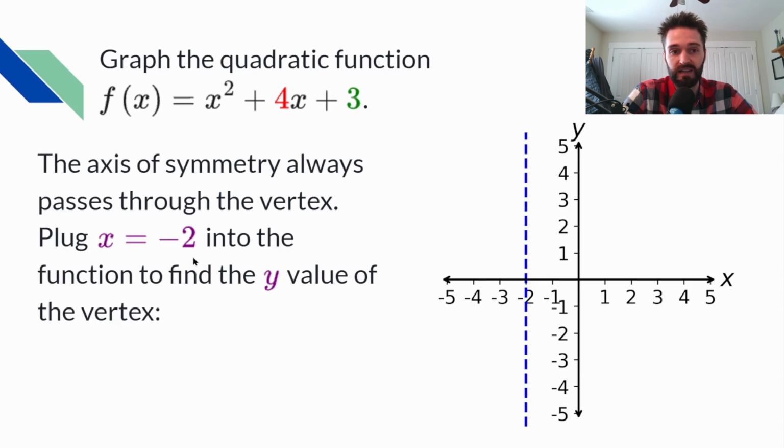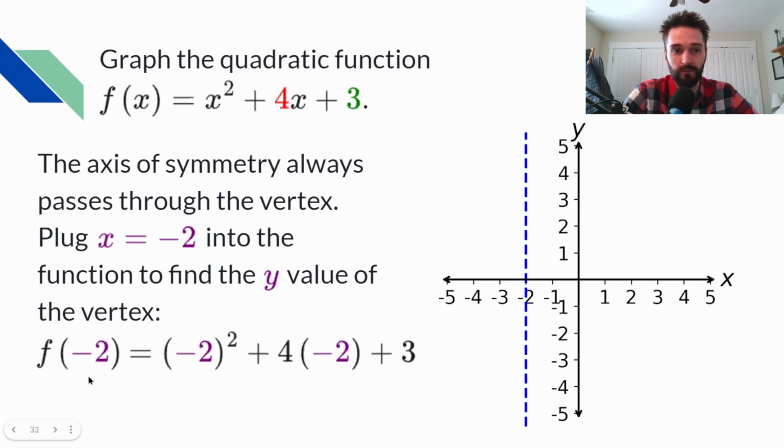So if we plug that value into the function, we can get the y value of the vertex. Okay? So f of negative 2 in purple here is equal to this, right? The function says to take what you're given and square it, and then add 4 times what you're given, and then add 3. So we'll take negative 2 and square the whole thing, and add 4 times negative 2, and add 3.